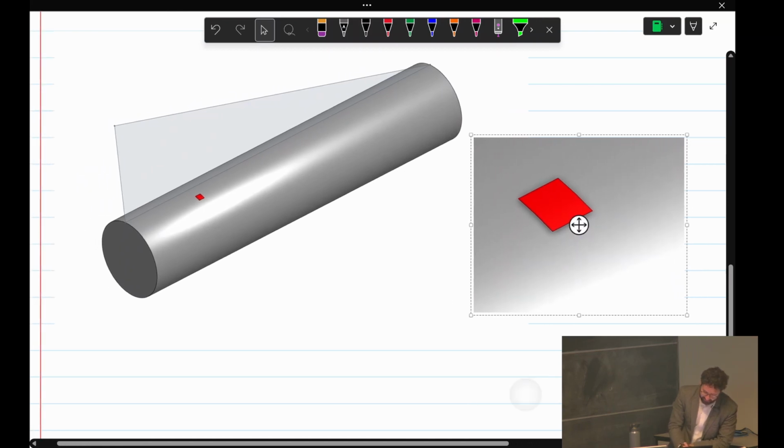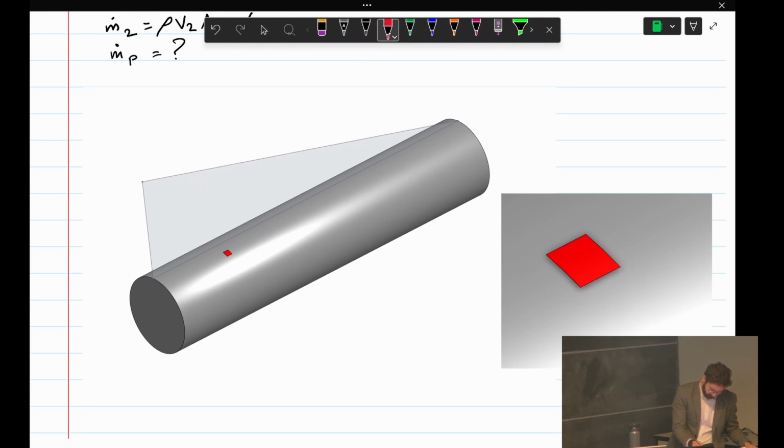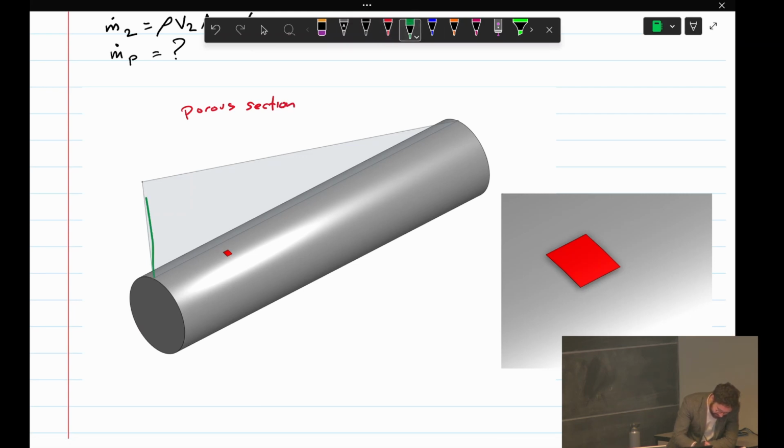Okay, perfect. So we're going to define a cylindrical coordinate system for this. This is the start of our porous section. I've drawn our velocity profile here as this linear velocity profile that starts at VW and goes down to 0. Our cylindrical coordinate system for this integration is going to have x equals 0 at the start of our porous section.